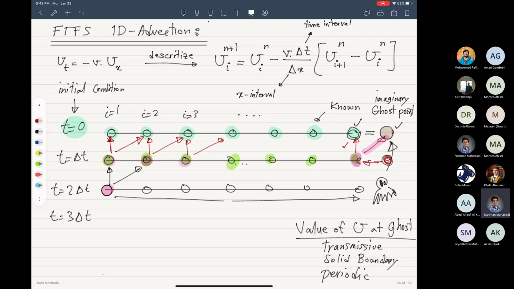But if you're using the backward scheme, you need to actually use the backward point, right? So in this case, you need a ghost point on this side rather than on the right side, but it's just one point. Did I answer your question? Yes, sir. Thank you.